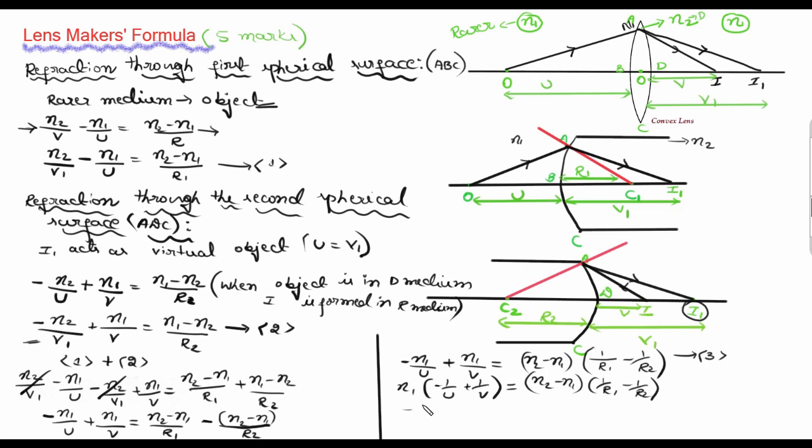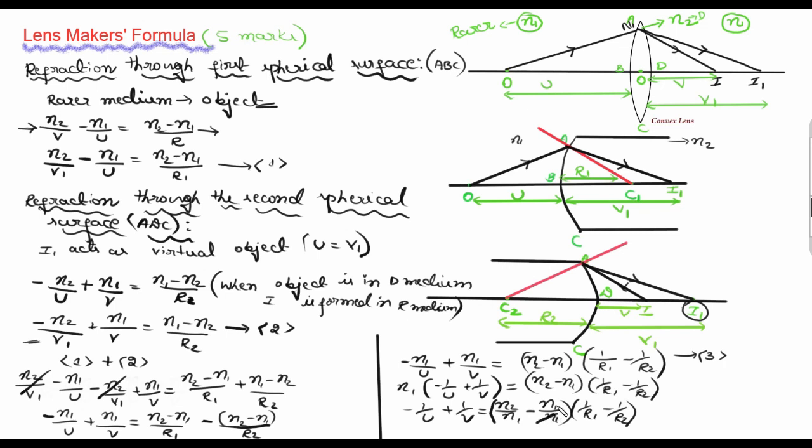So minus 1 by U plus 1 by V is equal to N2 by N1 minus N1 by N1, times 1 by R1 minus 1 by R2.